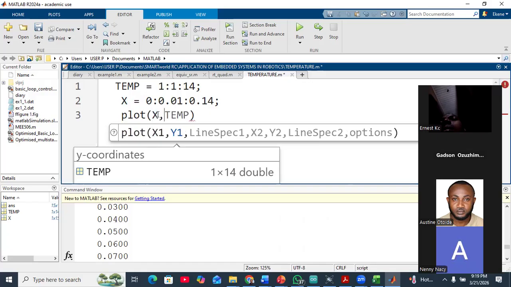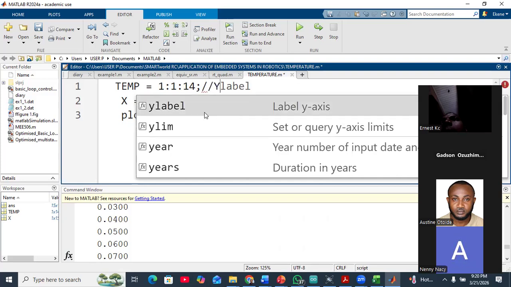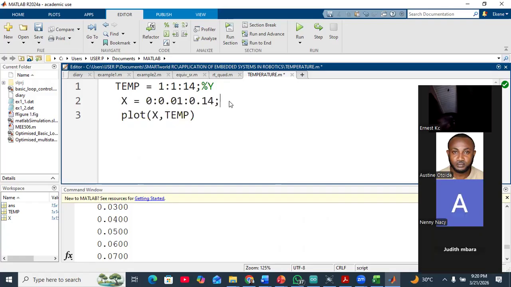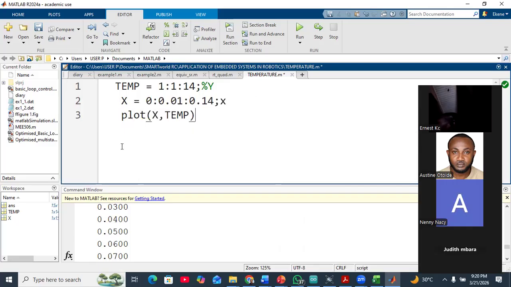This is y. This one is our x. We are looking for m. So we plot this against this, and we run it.